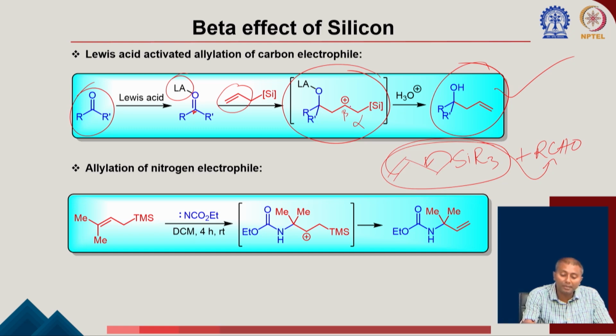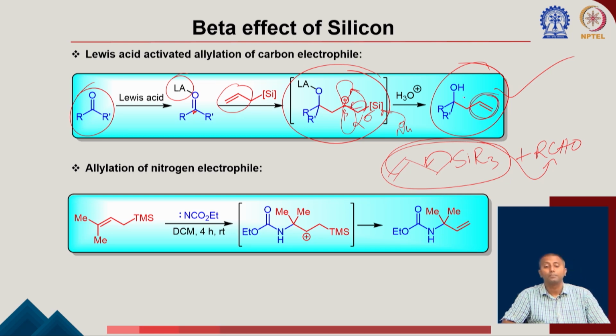Once you form this beta carbocation, this empty orbital, the carbon-silicon sigma bond can give electron density. Okay. And once that electron donation is happening, the nucleophile in the medium can come and attack the silicon, cleave the carbon-silicon bond to form a double bond here.